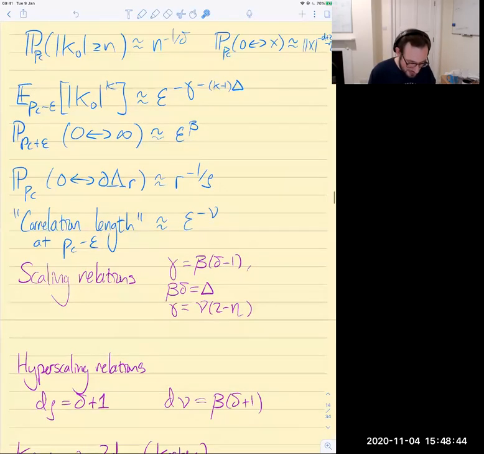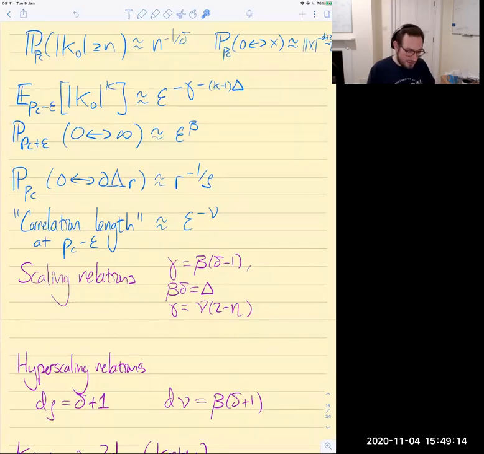To explain one, so you can see they aren't so complicated, just natural heuristic relationships, look at this last one. Gamma is the exponent describing how the expected size of the cluster blows up as you approach p_c from below. At p_c minus epsilon, the expected size of the cluster at the origin should be like epsilon to the minus gamma. And eta is the one we already saw.